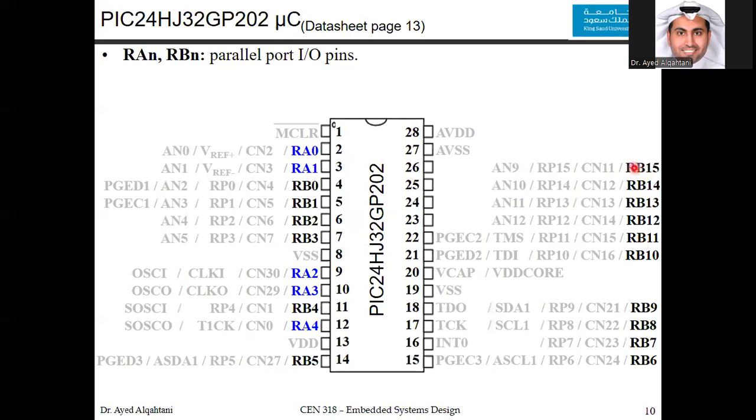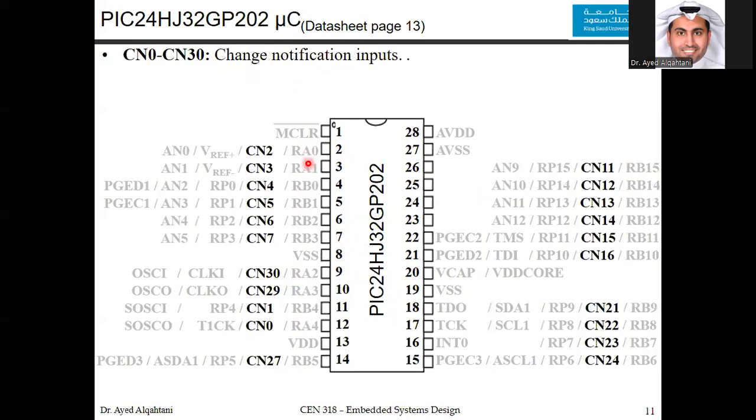It is called parallel port input output. And these are the ports that are available in the PIC24. They are the GPIOs, meaning that we can choose and program each of them to be input or output.